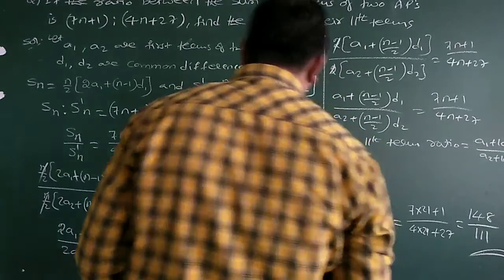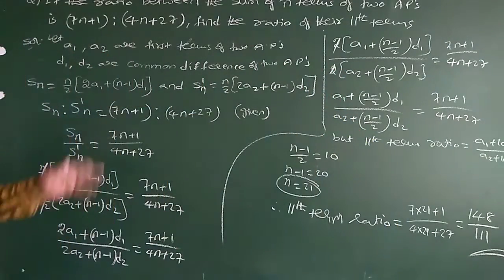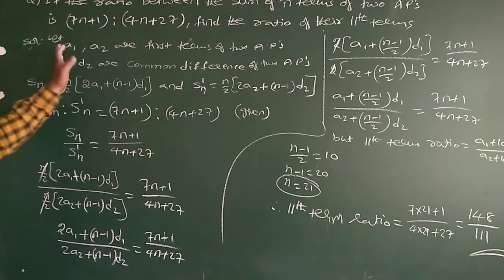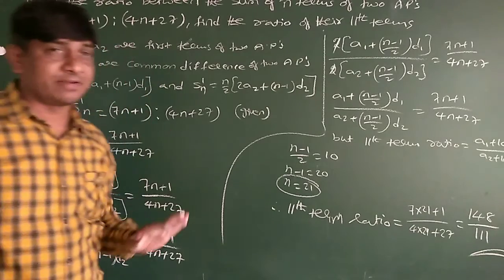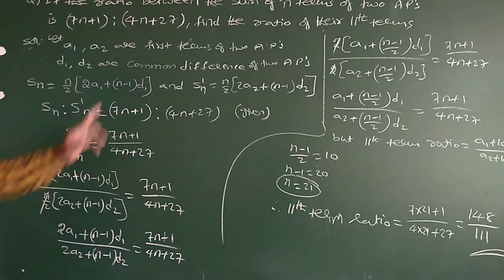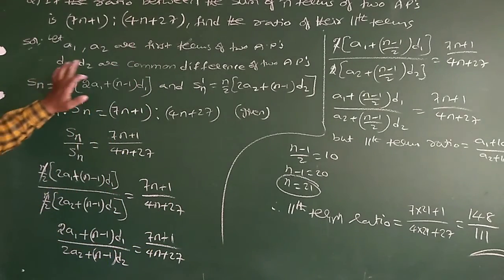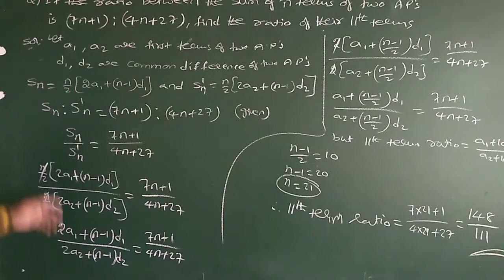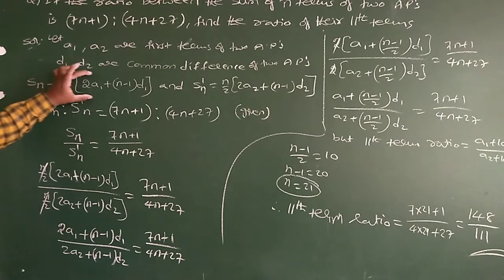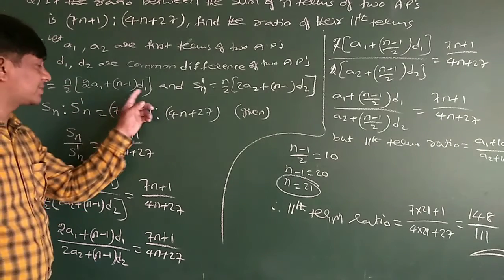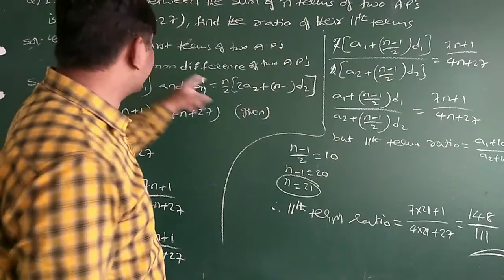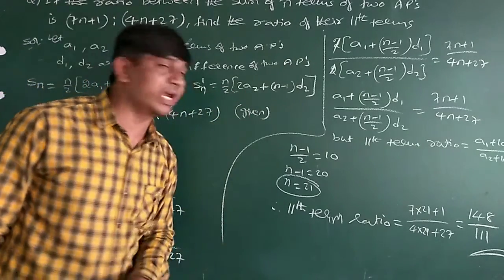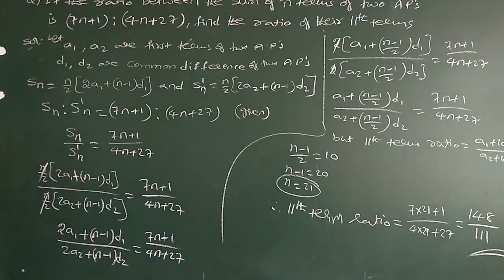See here, once again, don't get confused. A1, A2 are the first terms of the two APs, and D1, D2 are the common differences of the two APs. Now Sn is equal to n by 2 into 2A1 plus n minus 1 into D1, and S dash n is equal to n by 2 into 2A2 plus n minus 1 into D2.